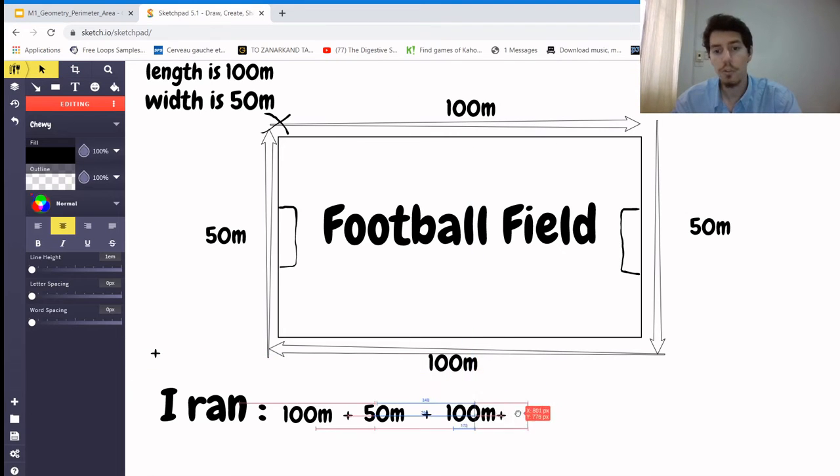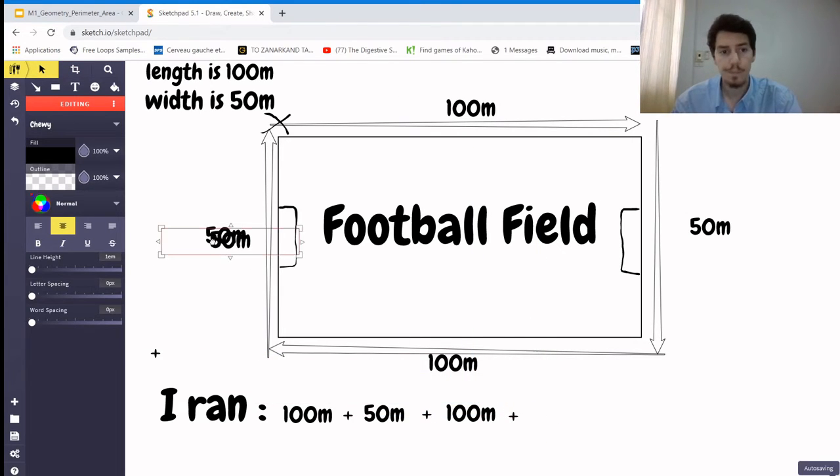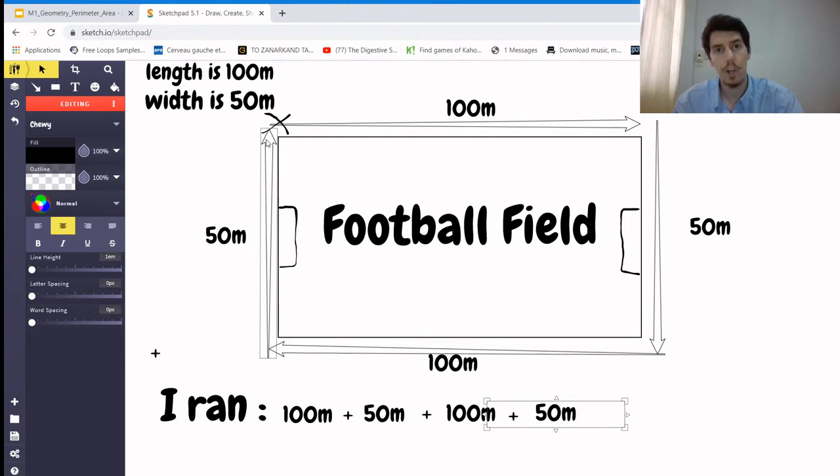So the total distance that I run is this side 100 meters plus this side 50 meters plus this side 100 meters plus this side 50 meters. And when I did that, I'm back to the start. I went around my shape, I went around the football field.